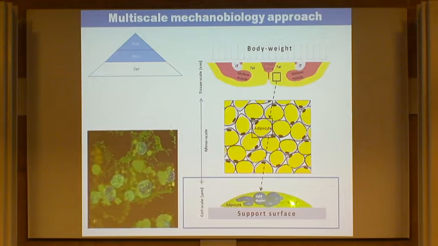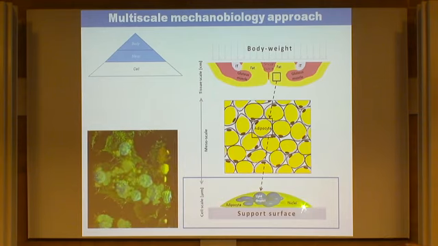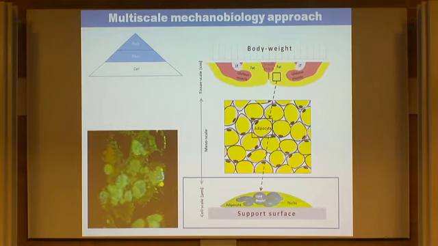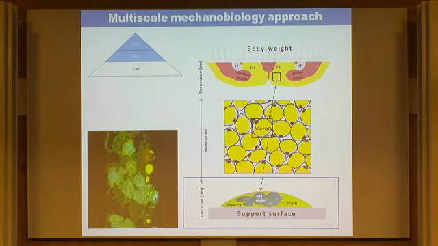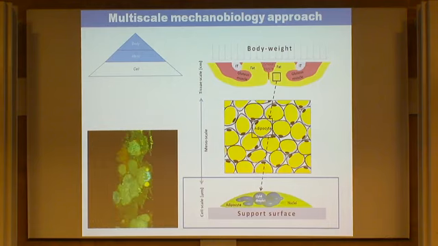So all these little organelles here, the cytoskeleton, the plasma membrane, the lipid droplets, the nucleus, they're all experiencing deformations, and we look at all these different layers of the hierarchical problem to understand how fat tissue functions, first of all mechanically and then biomechanically.